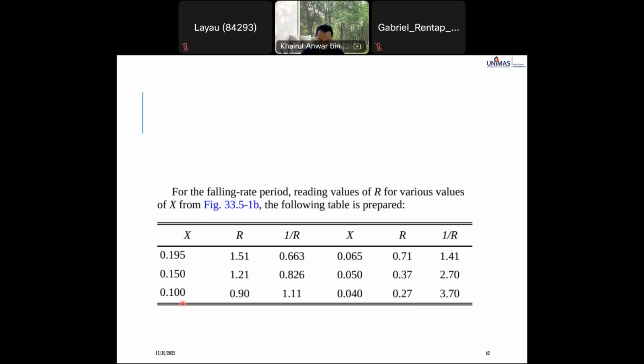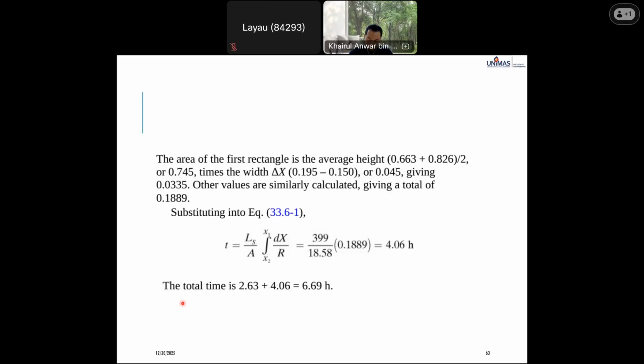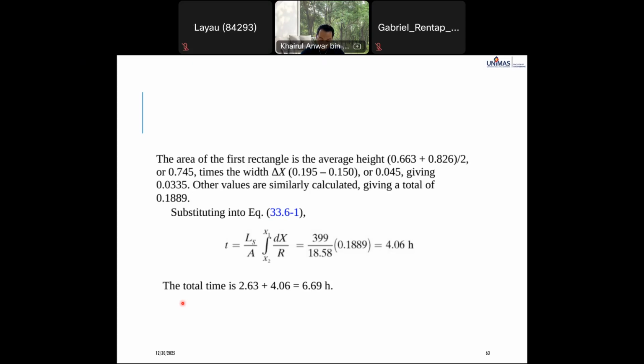The area of the first rectangle is the average height, 0.663 plus 0.826 divided by 2, or 0.745, times the width delta X, 0.195 minus 0.15, or 0.045, giving 0.0335.